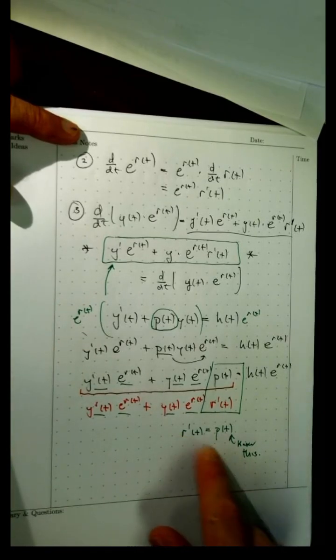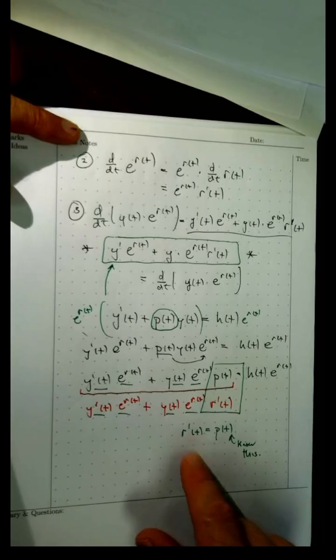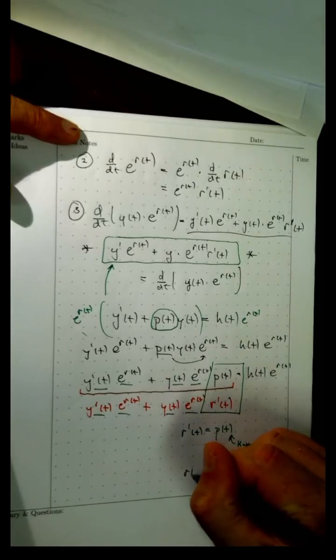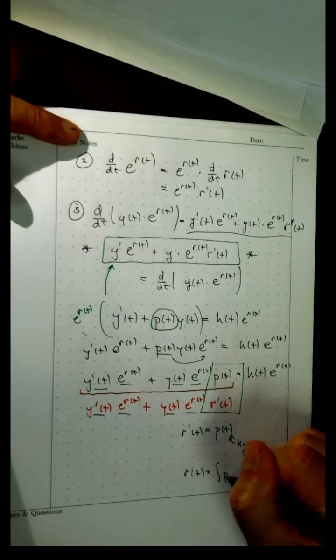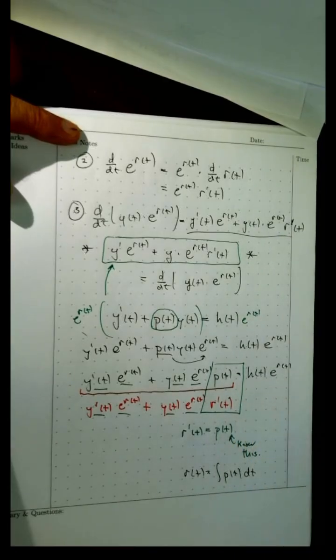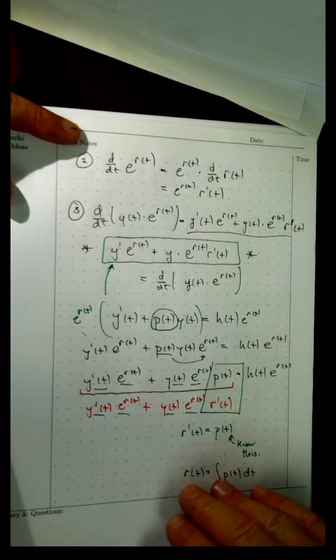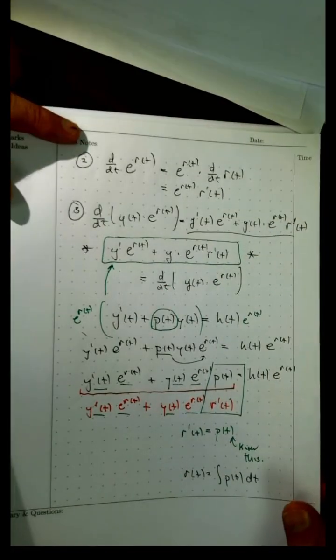And so if I define r prime to be this, then what does that mean? That means that r of t is the antiderivative of p of t. Then I can use my chain rule and product rule in reverse.